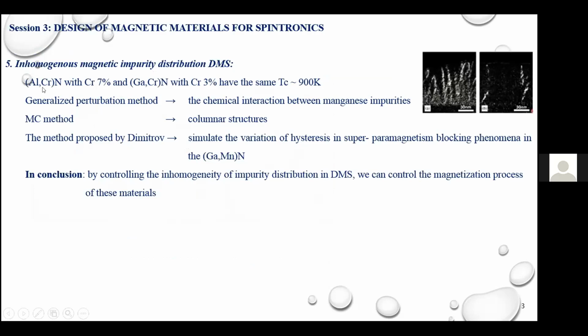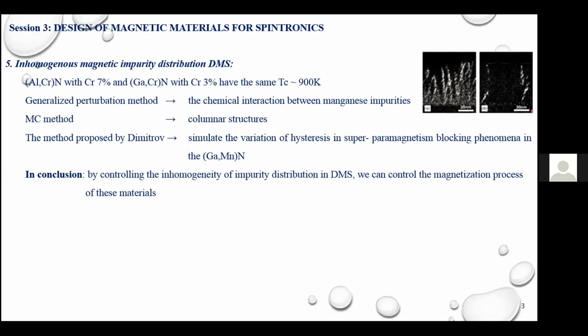There are two examples of this kind of material: aluminum chromium nitride with 7% concentration, or gallium chromium nitride with 3% concentration, and they have a high TC of about 900 Kelvin. In this kind of material, we pay attention to the electronic and magnetic properties.